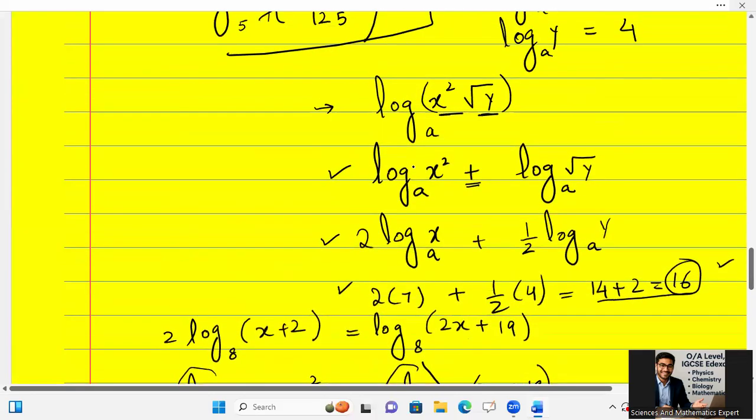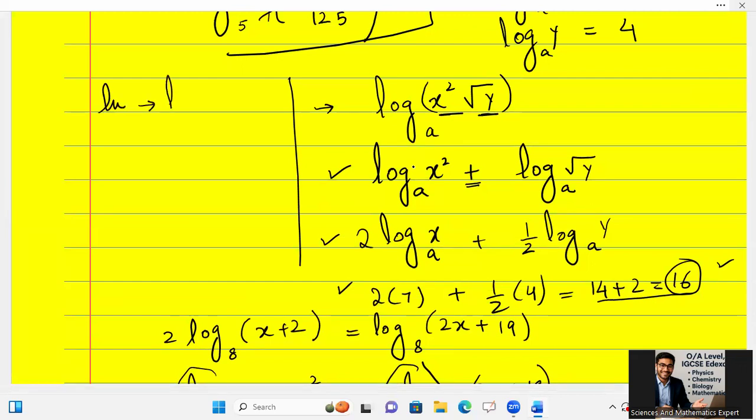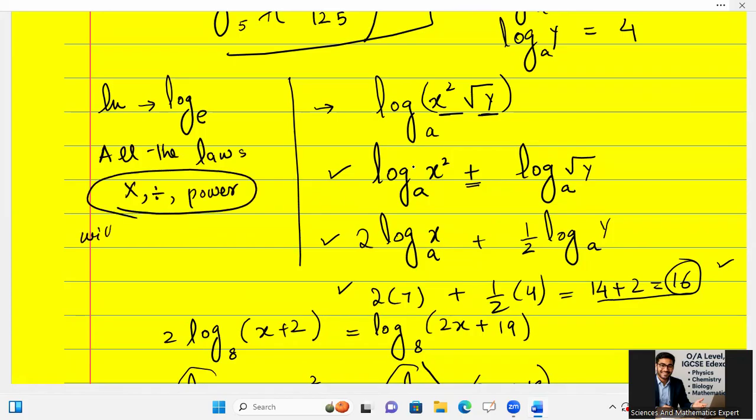Don't worry if he gives you log in the form of ln. You know that ln is log to the base e, and all the laws of multiplication, division, and power will be implemented in the same style.